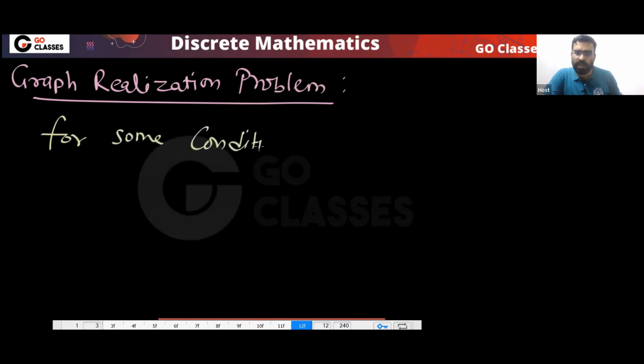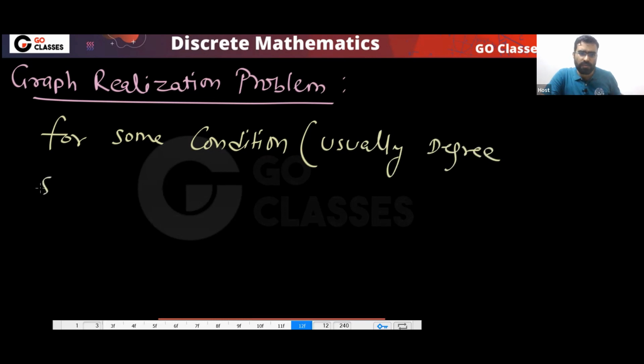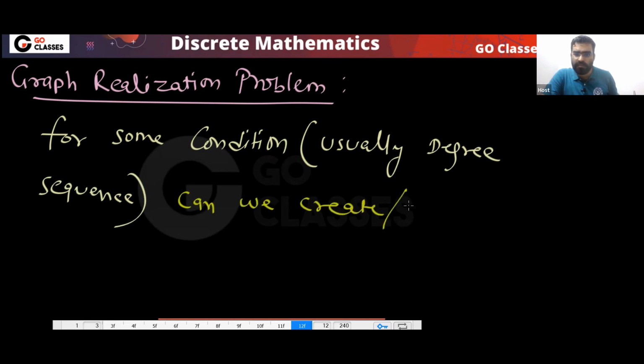Normally, usually that condition is your degree sequence. So for some condition, can we realize at least one graph? Can we realize a graph of some class?